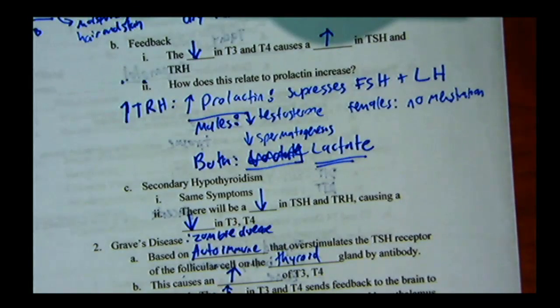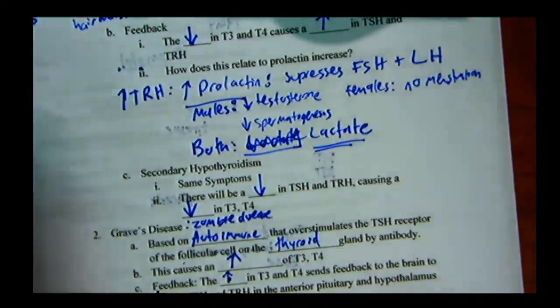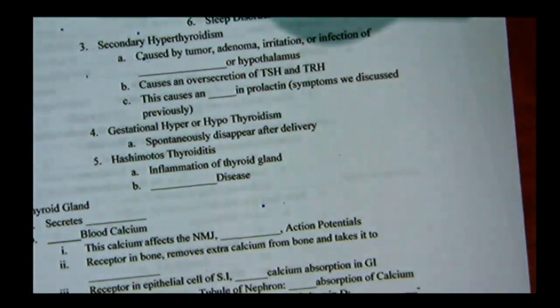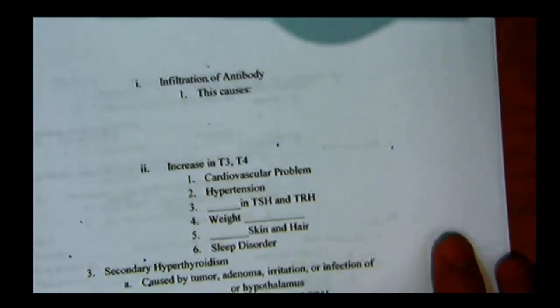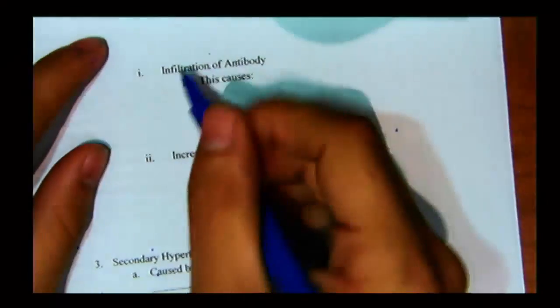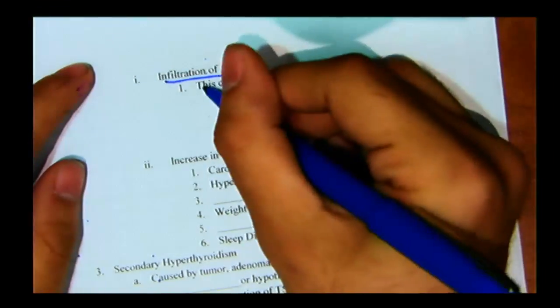So the infiltration of the antibody. So this causes what? Oh no, specifically of the antibody. What did she say? Like, where does the antibody go? The eye, right? So it goes to the eye and causes what?